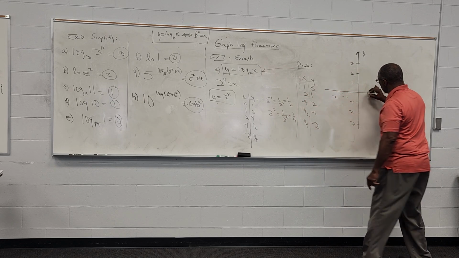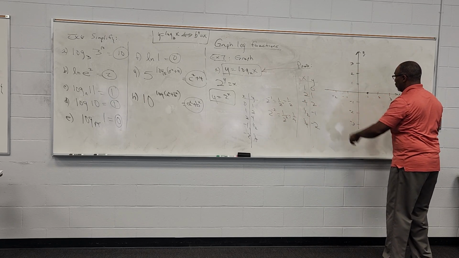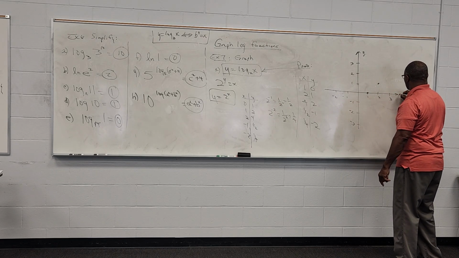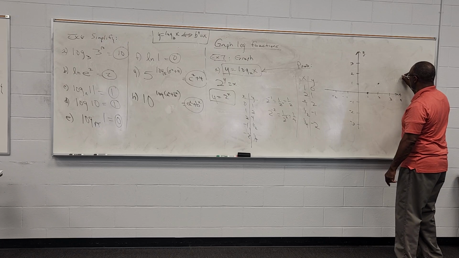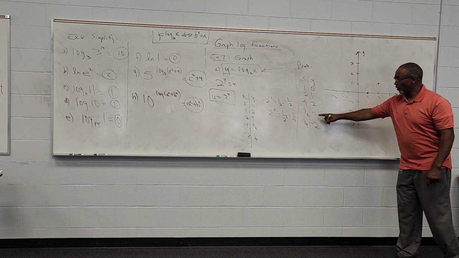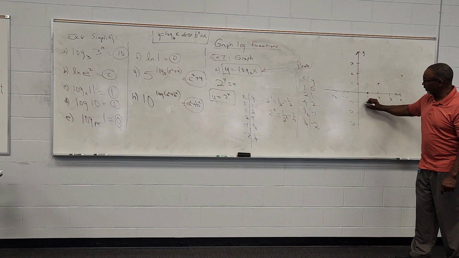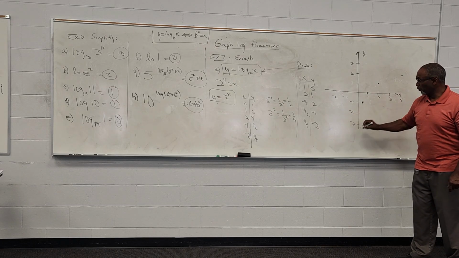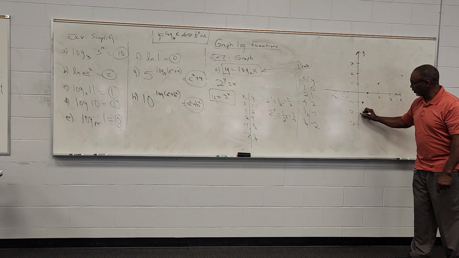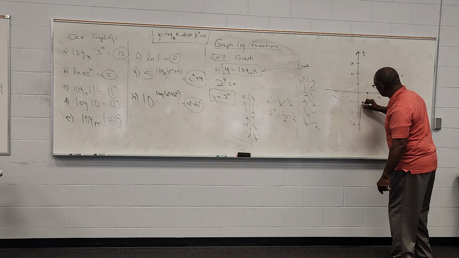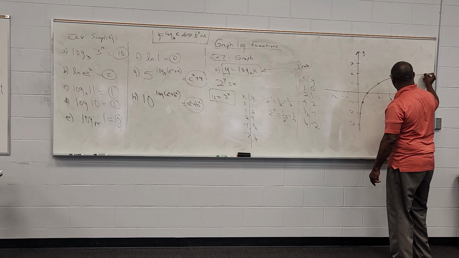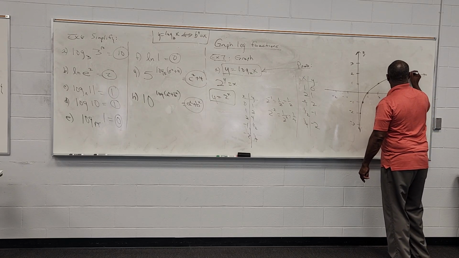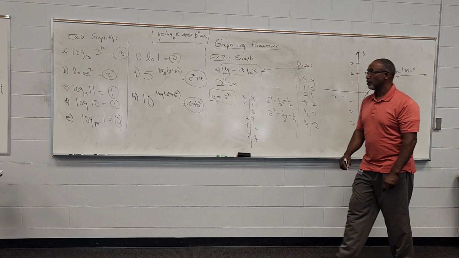Okay? 1, 0, right here. 2, 1, over 2 up 1, right here. 4, 2, over 4, up 2, right here. 1/2, negative 1, go over 1/2, down 1, right here. 1/4, negative 2, right here. So I clearly see the behavior of this function. So this is y equals log to the base 2 of x.